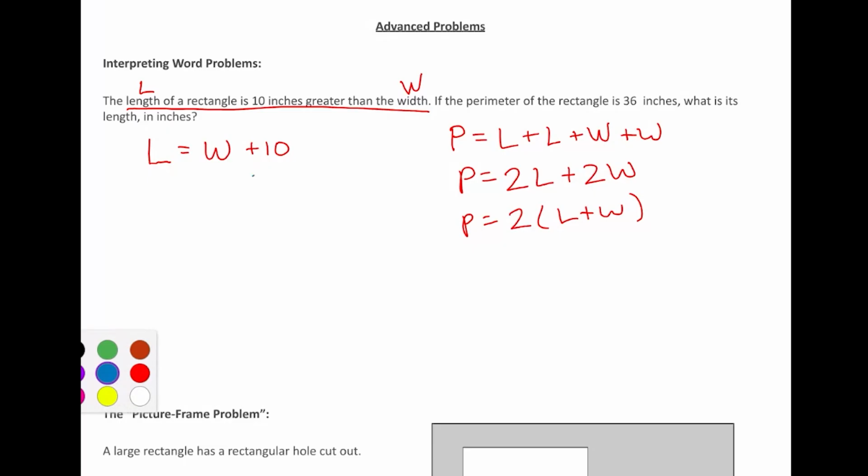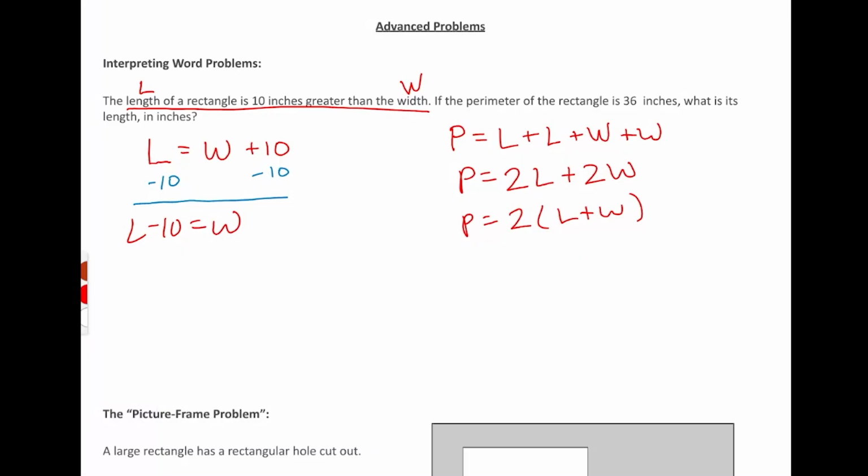And all I mean by that is we're just going to subtract 10 from both sides of this equation and get L minus 10 equals W. And the reason we're doing that is because we want to solve the perimeter equation for the length. So we want to essentially get rid of the width in that equation. The width here is L minus 10.